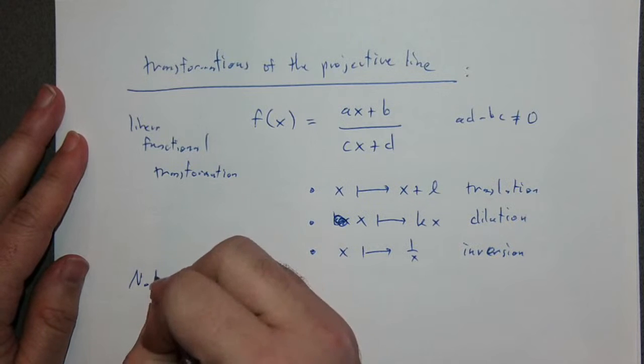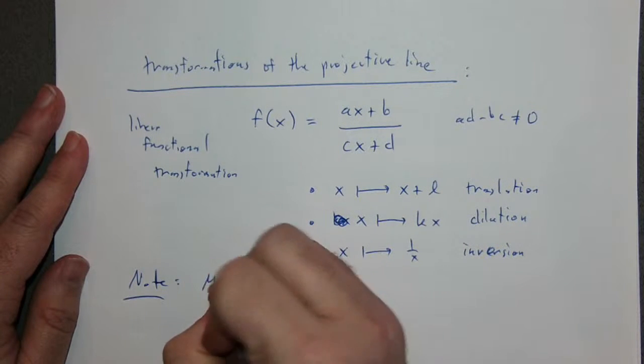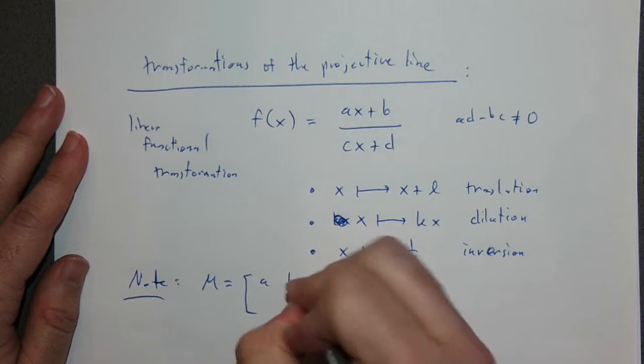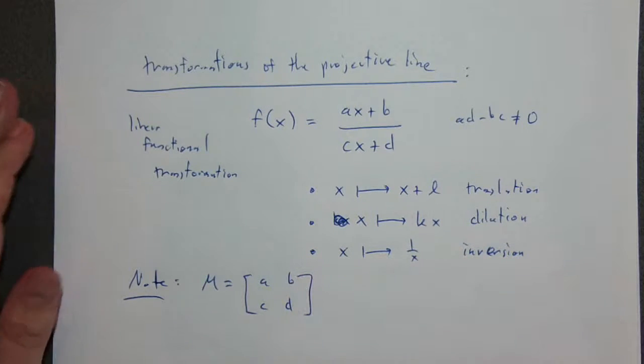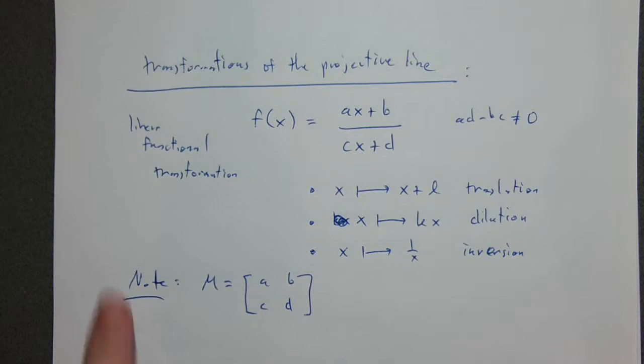So note, if I let M be the matrix A, B, C, D, then these matrices behave an awful lot like these linear fractional transformations. So when we did this, we were actually working in the way that Felix Klein did, when Klein said that we start with the transformations and then see what things we're interested in based on what's invariant under the transformations.